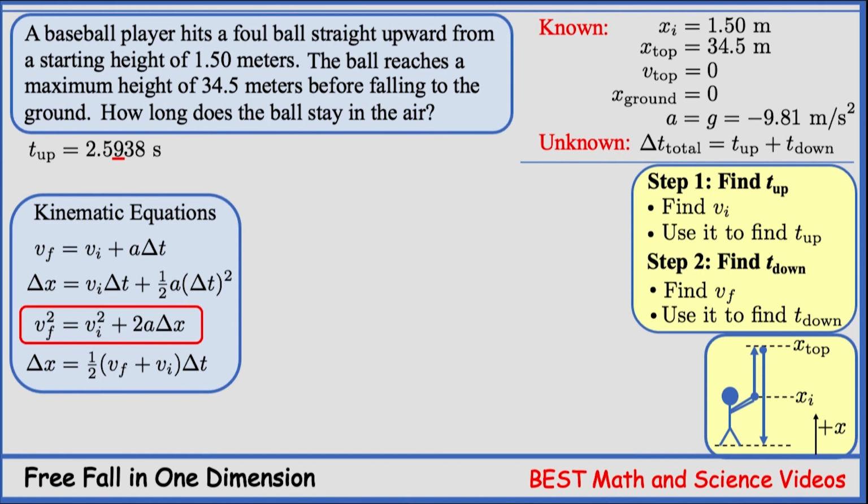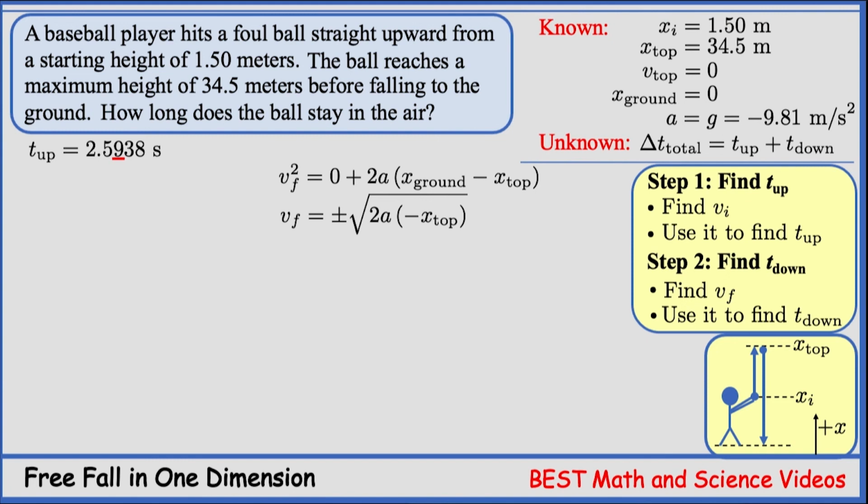So we start by writing the third equation, but we are only dealing with the time during which the ball is falling. So the initial velocity is 0, and the displacement delta x is the final position x ground minus the initial position x top. And we know that x ground is 0. So let's rewrite the equation to solve for vf.